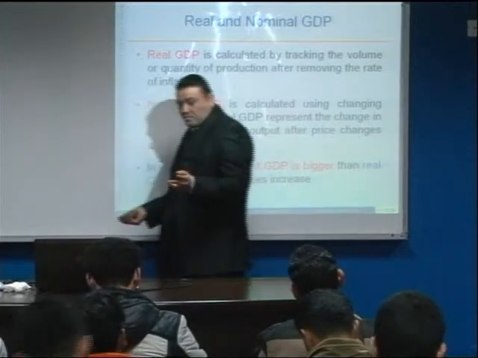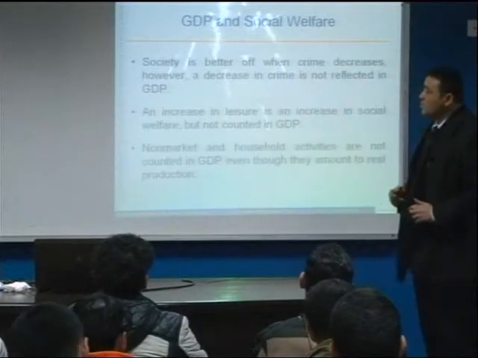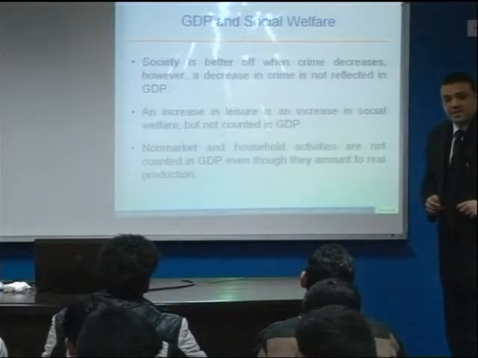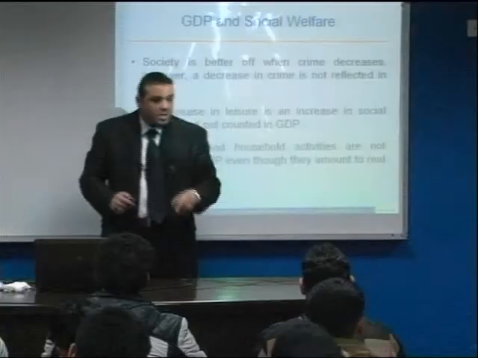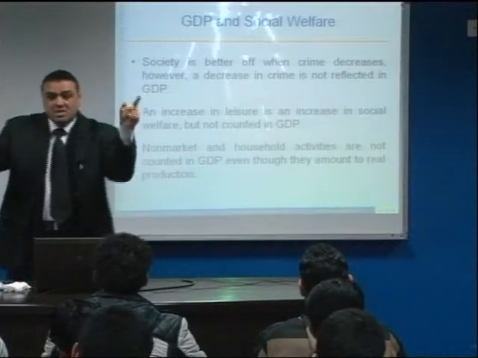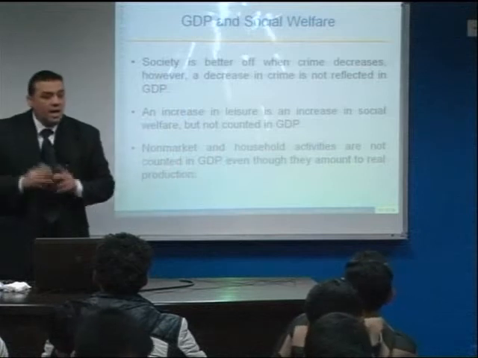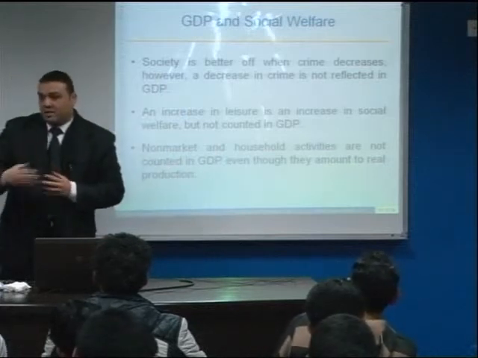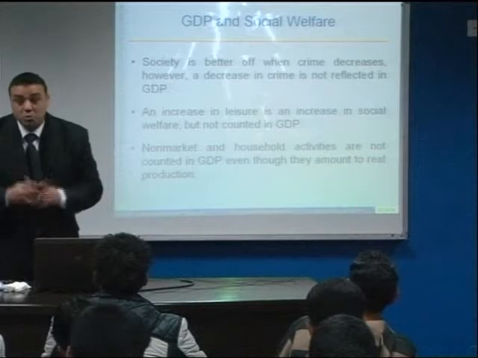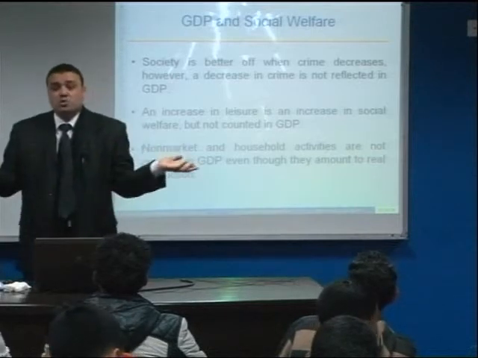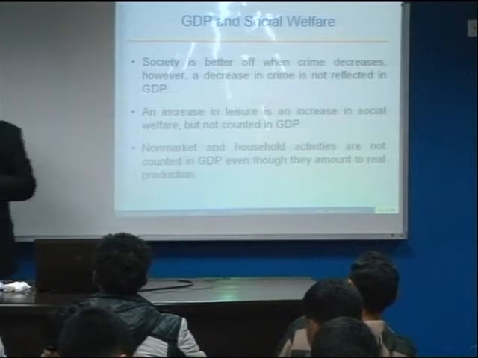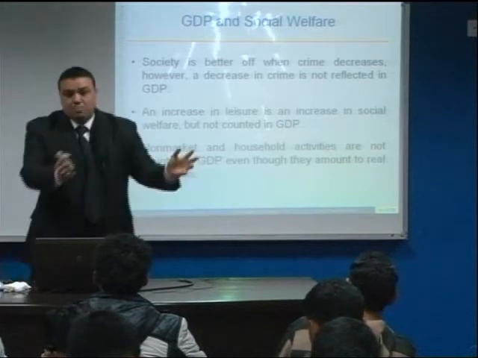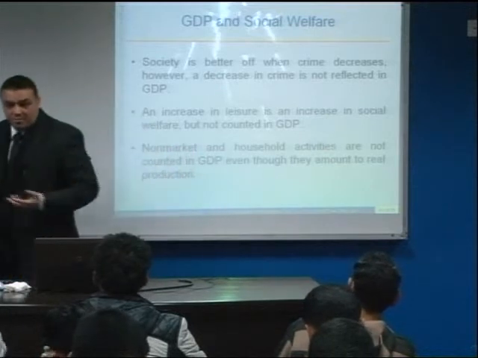So let's go to GDP and social welfare. When we talk about GDP, we are talking about the gross output produced in a given period of time, but we are not talking about the distribution of this income or output, or the impacts of this output on social welfare.